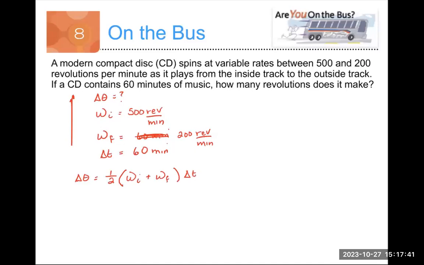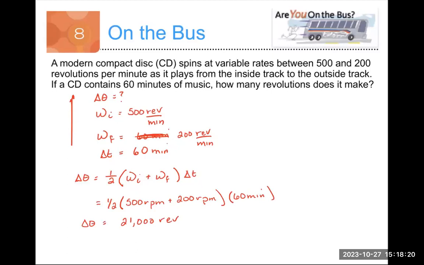So now all we have to do is fill in our numbers. We have 1/2 times our 500 RPMs plus our 200 RPMs, and we're multiplying that times 60 minutes. So our delta theta is going to be 21,000 revolutions.